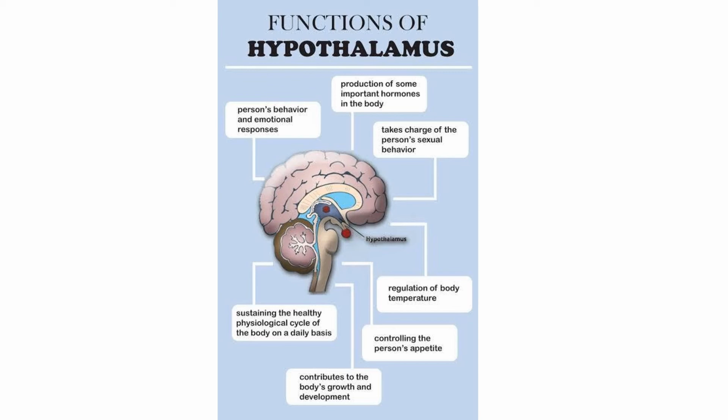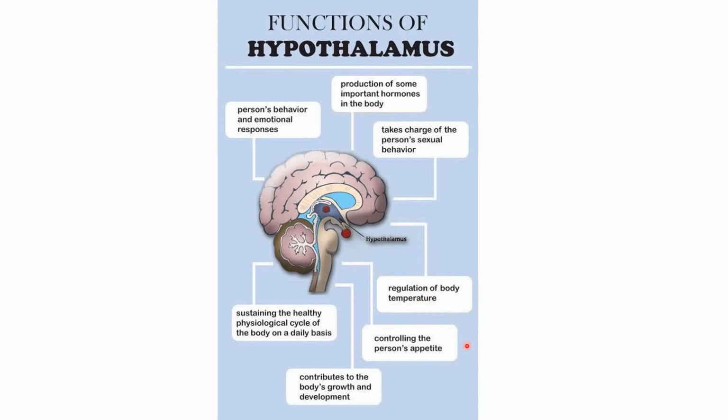So the main functions of the hypothalamus, in simple words: behavior and emotional response, limbic system, production of some important hormones in the body. We spoke about it in the slide before. It takes charge of the person's sexual behavior. The regulation, this is a very important one, we'll speak about in the slide soon to come.